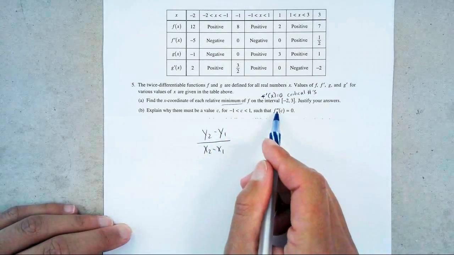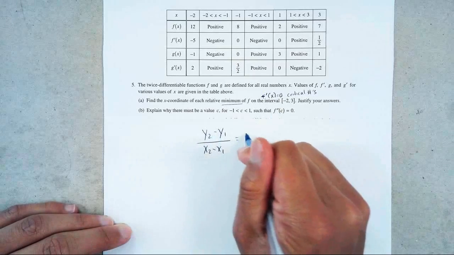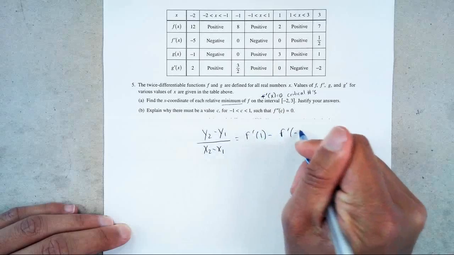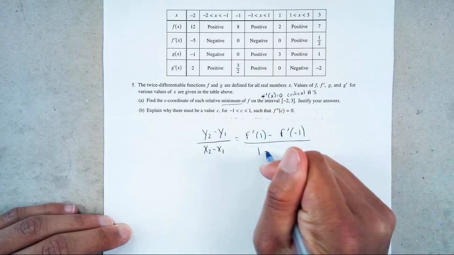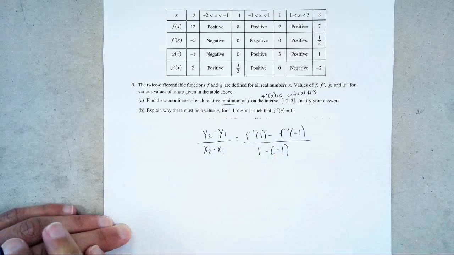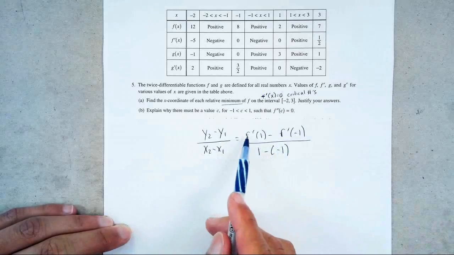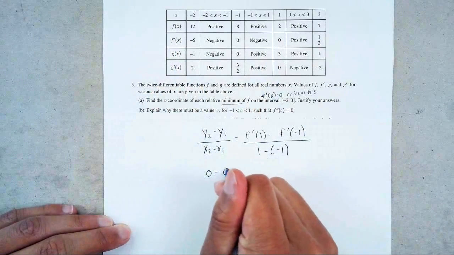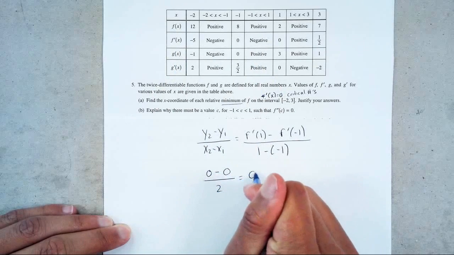Since I'm going to f double prime, I have to pick the points of f prime. So f prime of 1 minus f prime of negative 1 all over 1 minus negative 1. We have the values: f prime of 1 is 0, minus 0, all over 2, which gives you 0.